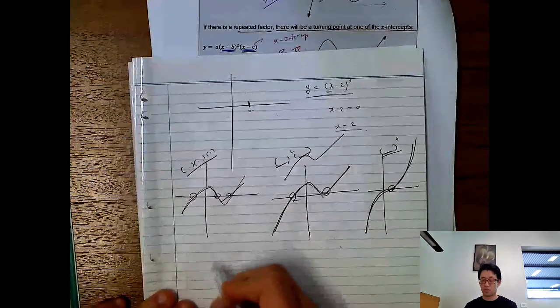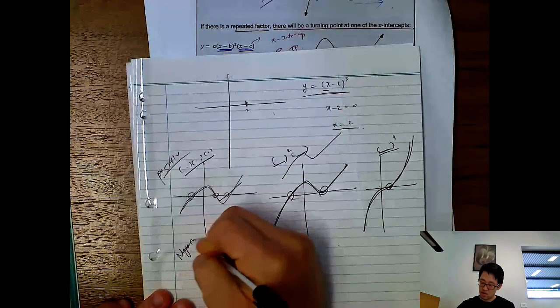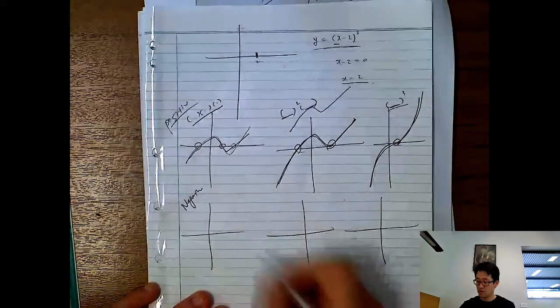So please remember. Can you draw that negative one as well? So that is the positive case. What about negative? Can you do it in your exercise book? Negative point.